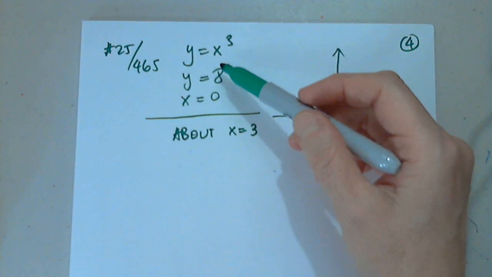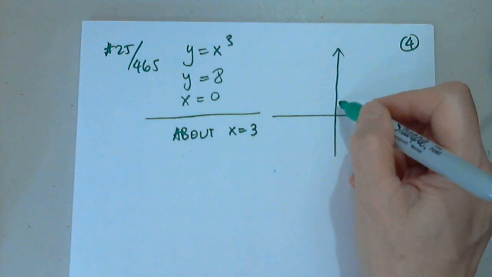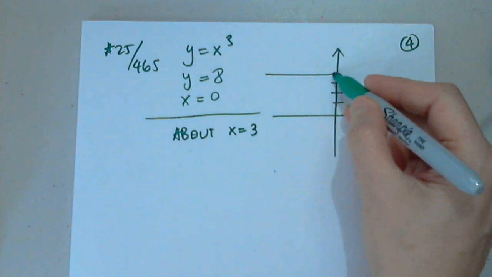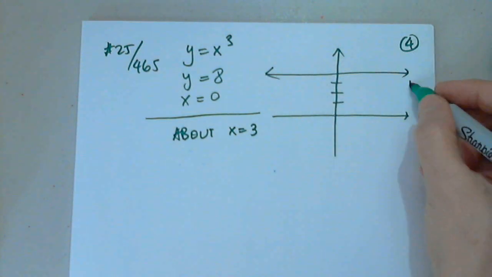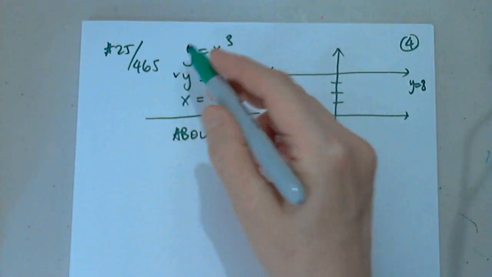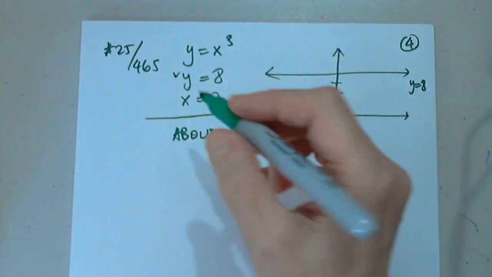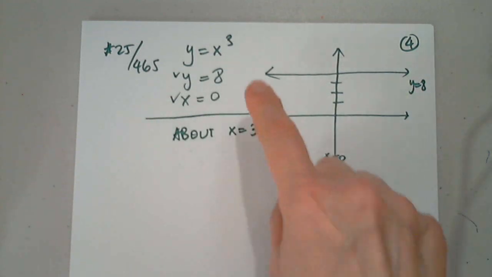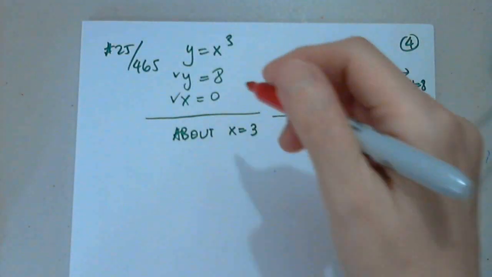So x cubed, y equals 8: 2, 4, 6, 8. That's y equals 8. That's done. x equals 0, of course, that's done. And now we want to graph y equals x cubed.